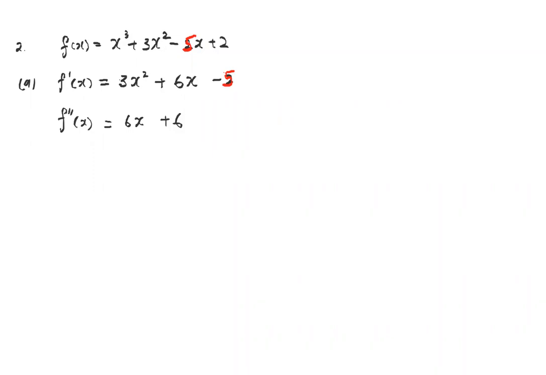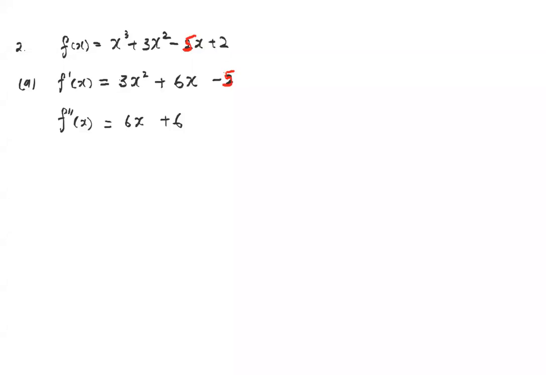Now, another reason is if you have the f prime x function, then what can you do with the function? I can find the x coordinate of the stationary point of f(x). Do you know that? So you always have to bear this in mind.